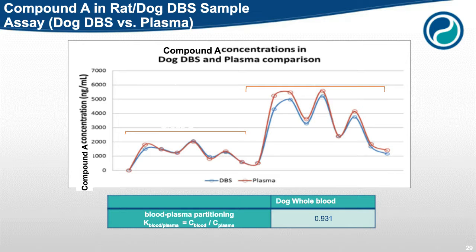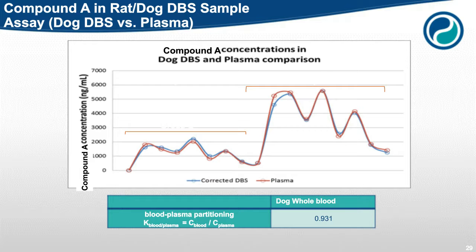It is 0.931, and when we apply that, the two curves become overlapped. So the agreement is amazingly good. So by this slide, we can conclude that we are able to recreate a TK profile from plasma samples by using both rat and dog DBS bioanalytical assays.